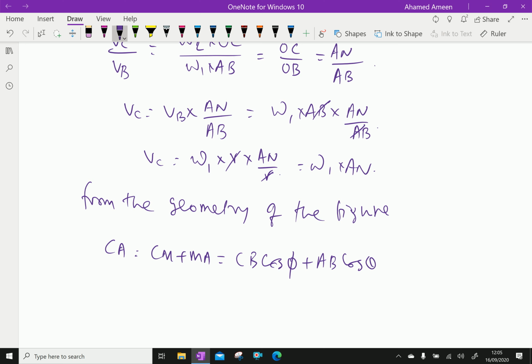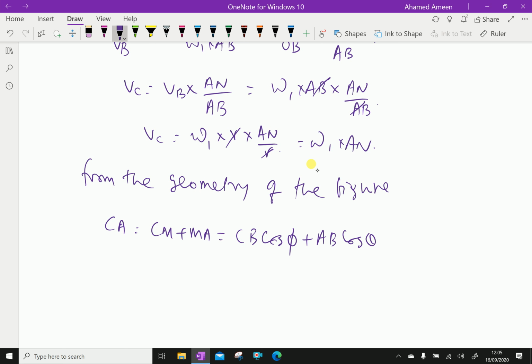Therefore, it is L cos phi plus R cos theta, because CB is L and AB is R.